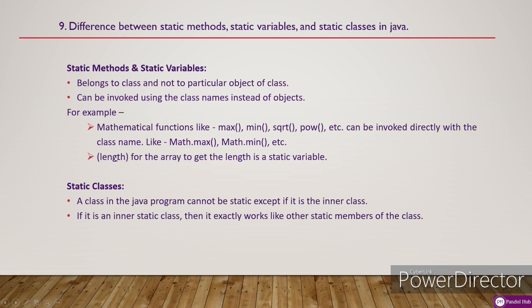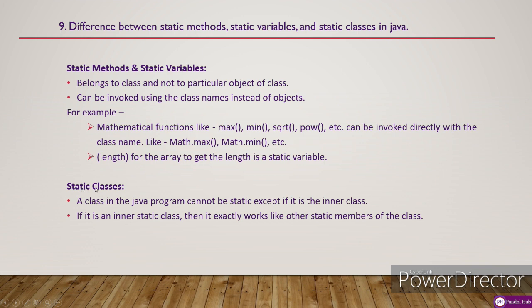Similarly, the length attribute present in the array, which helps in getting the length of the array, is a static variable. So since this length is a static variable, it can be directly accessed using the class name, array dot length.